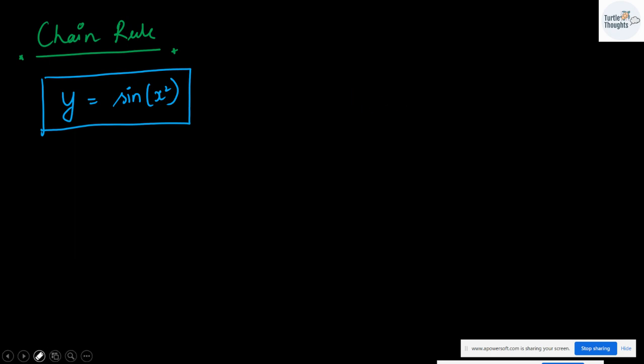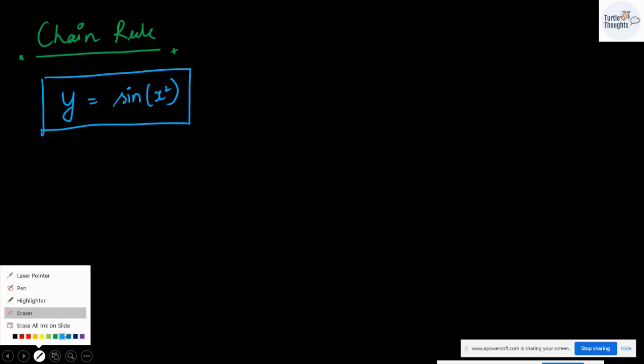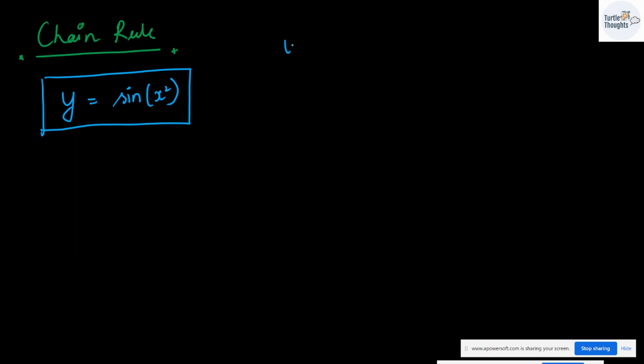Now, how to use the chain rule, right? We already know if y is equal to sine x, the differential y dash or dy by dx is given as cos x. This is very very simple because now it is just x, right? Now how do we solve if we have 2x or x squared?